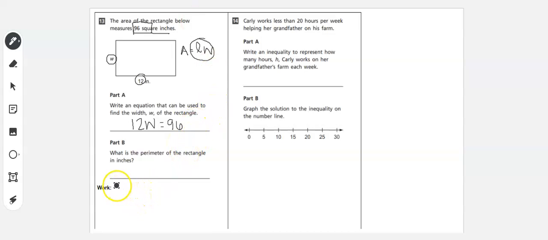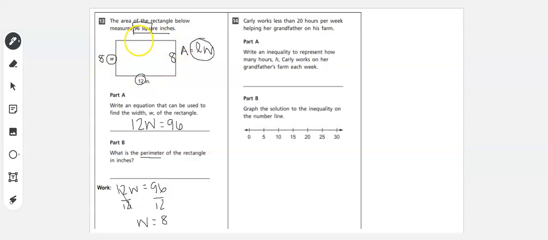Okay, so I'm going to solve this. Divide by 12, divide by 12. 96 divided by 12 is 8. Okay, so 8 is our width. 12 is our length. This is asking us perimeter. Remember, to find the perimeter, we're going to add up all the sides. So if this side's 8, this side is 8.